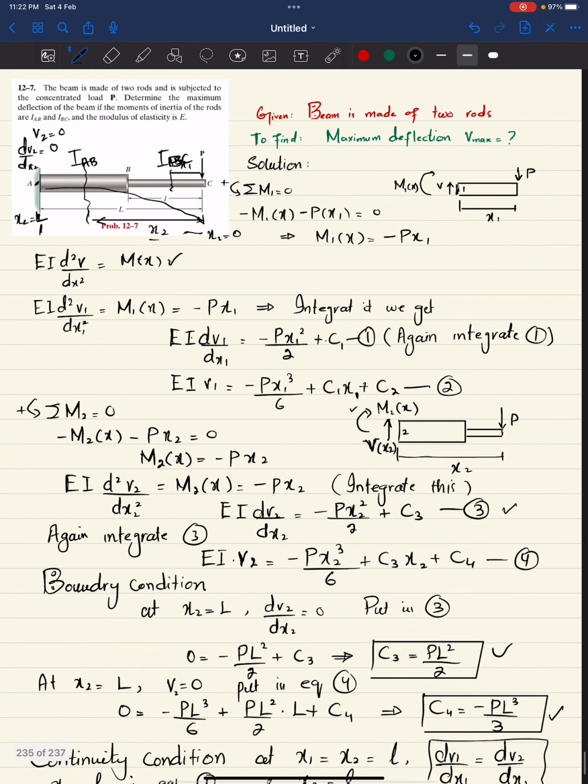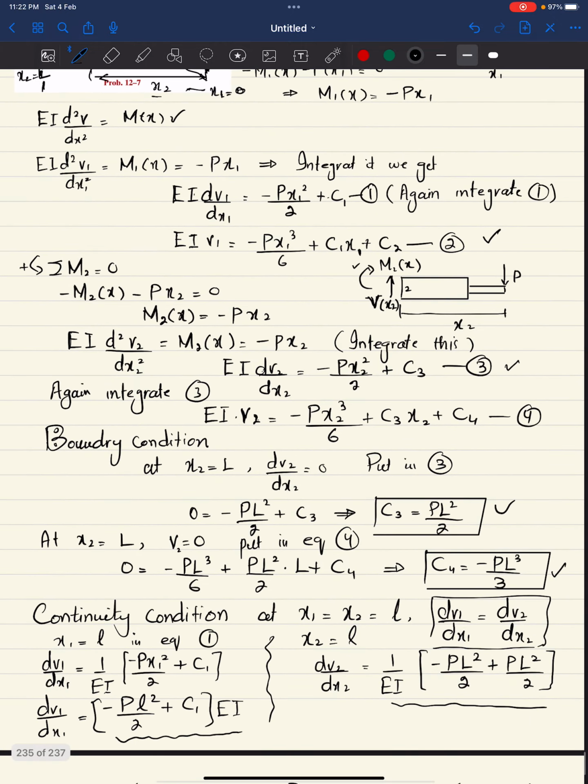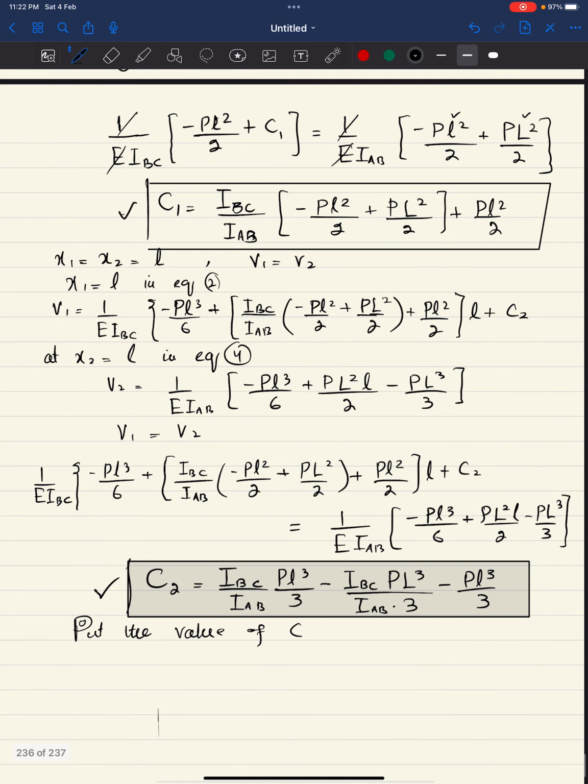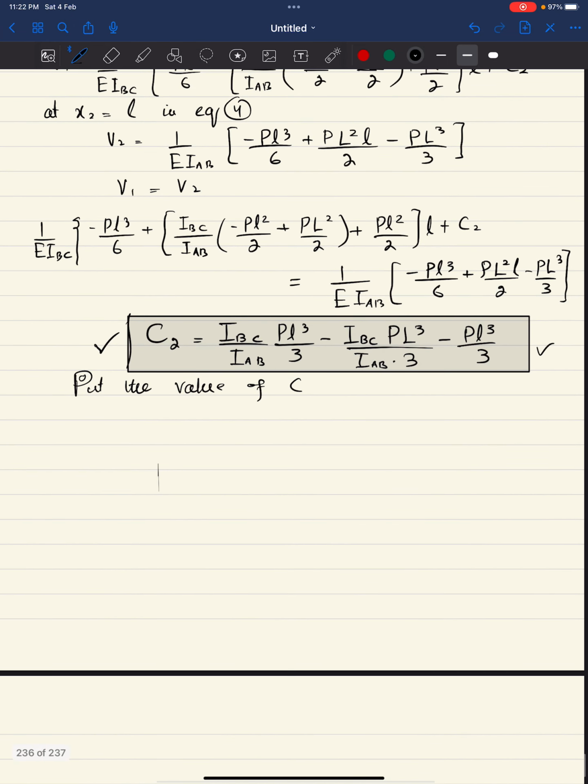Sorry, we are interested to find out this, so here we will take x1 is equal to 0. So we will use this equation number 2. So put the value of C1 and C2 in this equation. C1 is this one and C2 is this one in equation number 1. Put the value of C1 and C2 in equation 2.